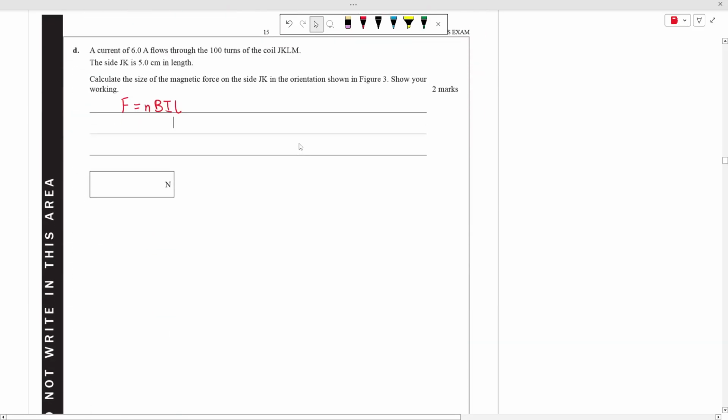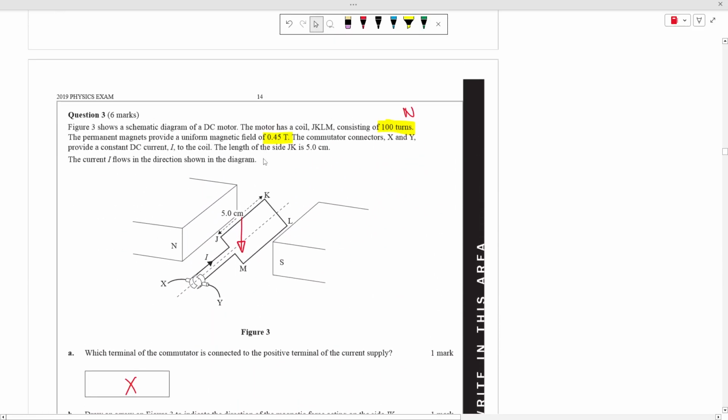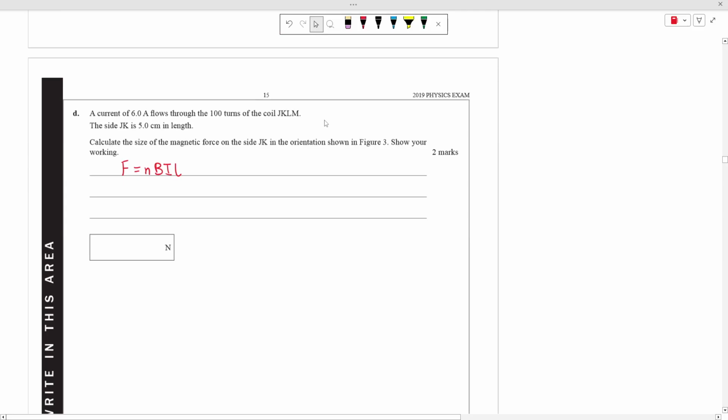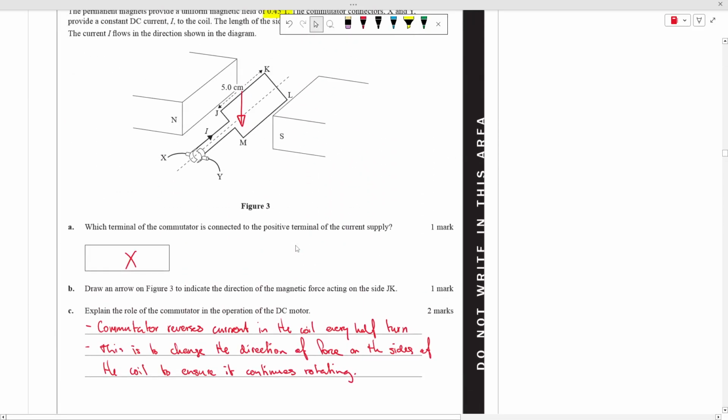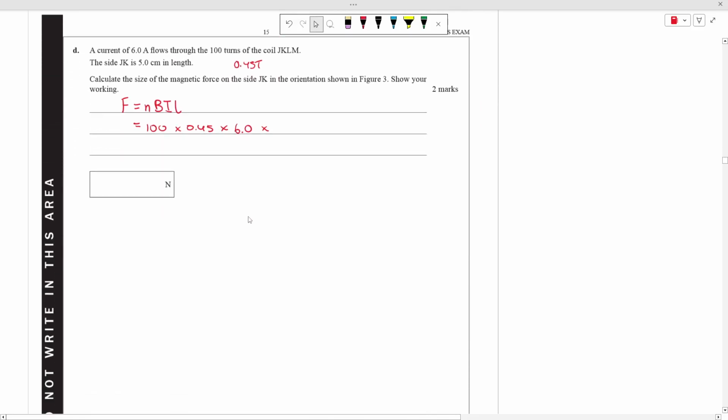So, what was B? 0.45 Tesla. Okay, 0.45 Tesla. Right, so we've got 100 turns times 0.45 times current, which is now 6 amps, times the length of wire in the field, which is 5 centimeters. Side JK is perpendicular, isn't it? Yes, okay. There's only a force if your current is perpendicular to the field.